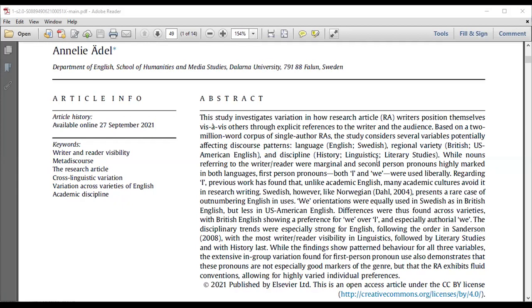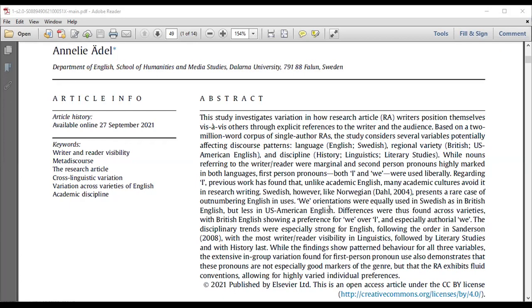Is this a claim or a research gap strategy? The authors mention that there is a difference between Norwegian and Swedish, which present a rare case of outnumbering English in uses of we and I. This is where the authors study the use of I and we in their articles.